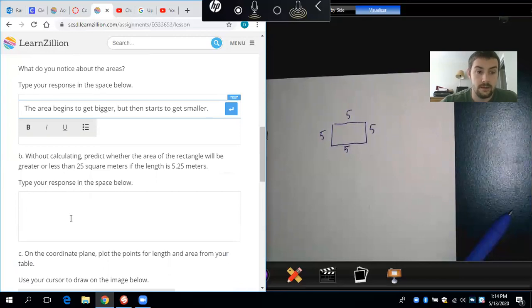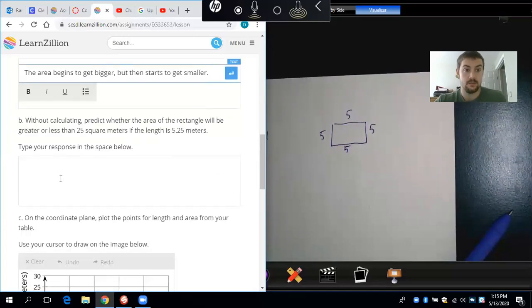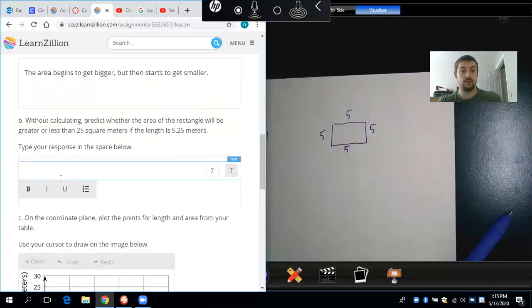So without calculating, predict whether the area of the rectangle will be greater or less than 25 square meters if the length is 5.25. So this is introducing decimals, but we don't even need to do the math, because what you should notice in this table is you get the largest area when the length and the width are the same. So will it be greater or less than?